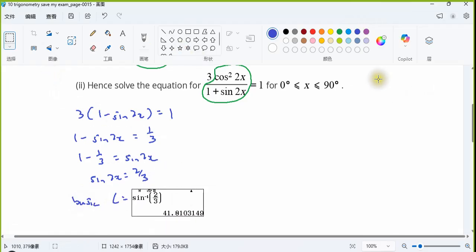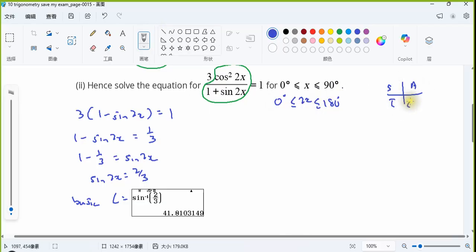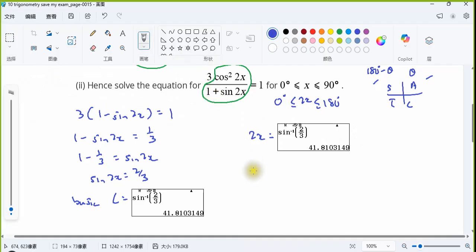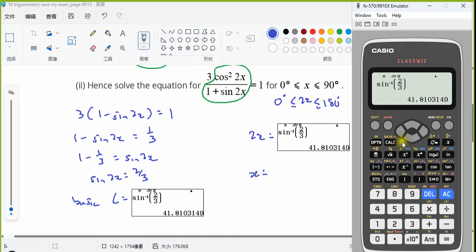And we have 2x is between 0 and 180. ASTC, sine positive will be this too: theta, and pi, the 180 minus theta. So the 2x will be this, and then the x will be this divided by 2.